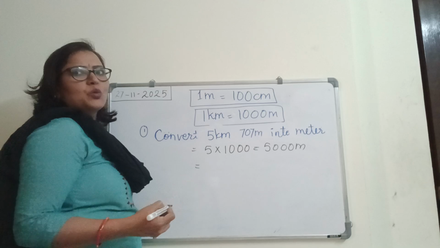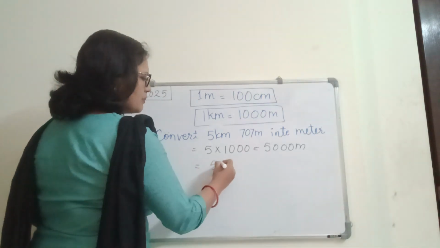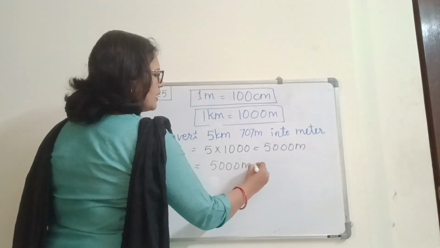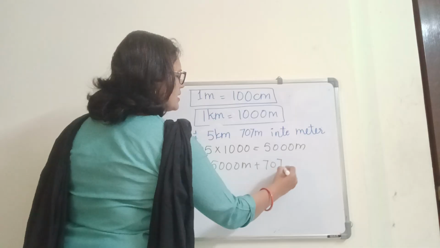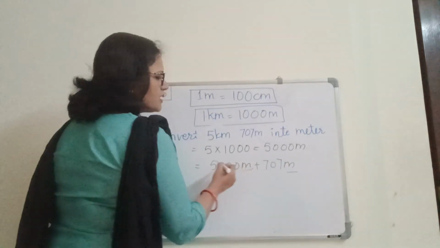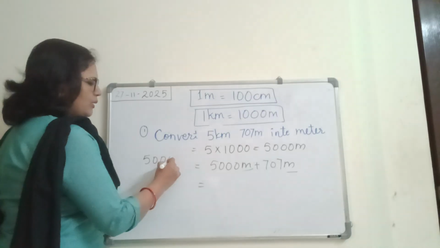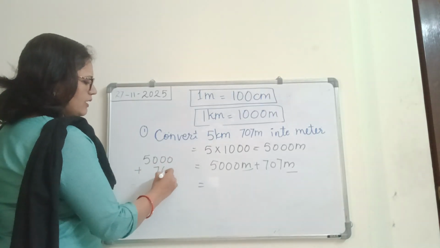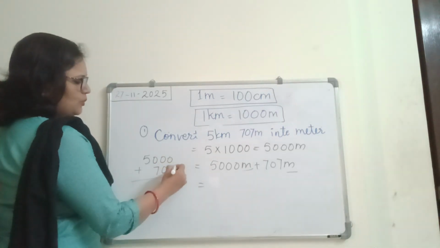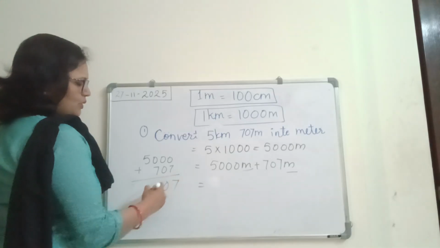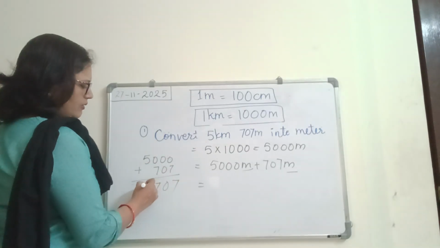Now it's easy, you can add. So 5000 meter plus 707 meter. Now the units are the same. Just add these two numbers: 5000 plus 707. 0 plus 7, 7. 0, 0, 7. 0 plus 7, 7. 5.